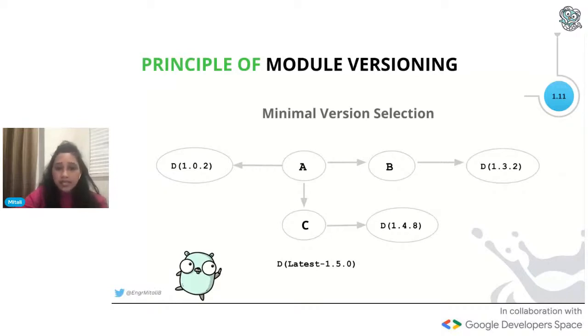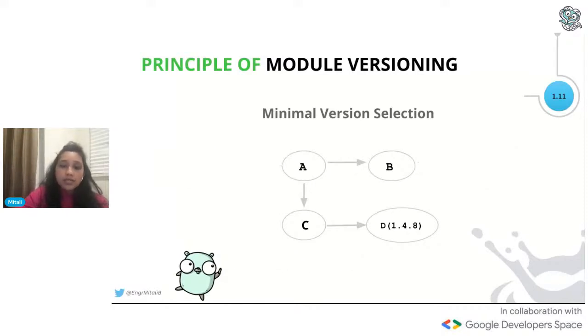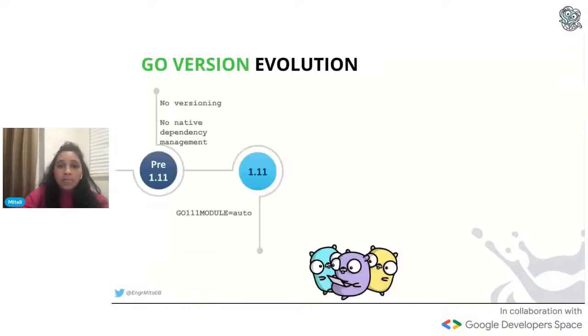So here, I will not have 1.0.2 because that will be too old for A, and 1.5.0 will be too new for A. So A will import version 1.4.8. So that's how the minor version handling in Go has been fixed and put into place, and it really helps to have the whole versioning system in place properly.